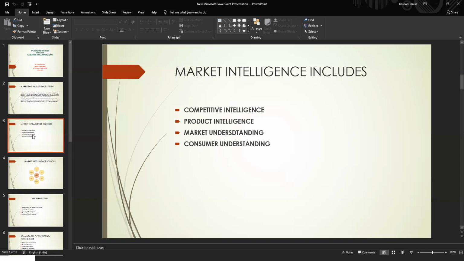This consumer intelligence will also be helpful for us to understand our customers' needs and wants and also the buying habits they have in their regular purchases. So all this information is required to frame the strategies, or to strengthen the strategies to lead in the existing market.